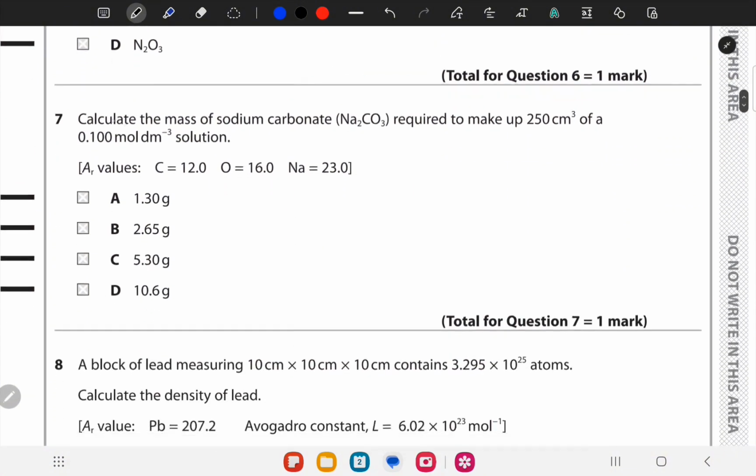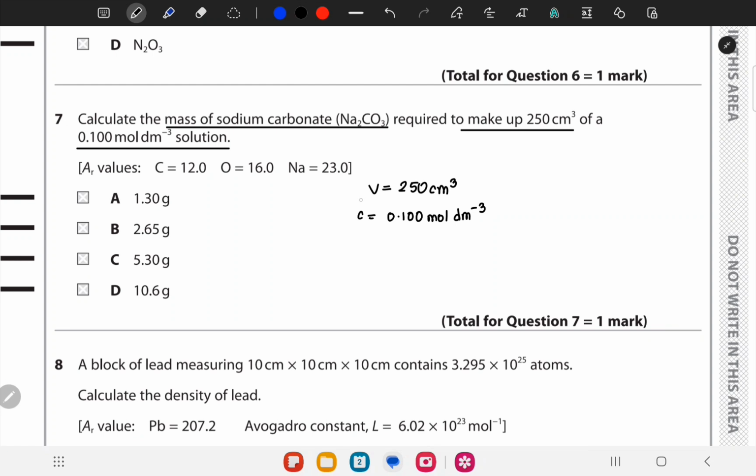Now for question 7, we need to calculate the mass of sodium carbonate required to make up 250 cm cube of a 0.1 mole per dm cube solution. So the volume is 250 cm cube and the concentration is 0.100 mole per dm cube.